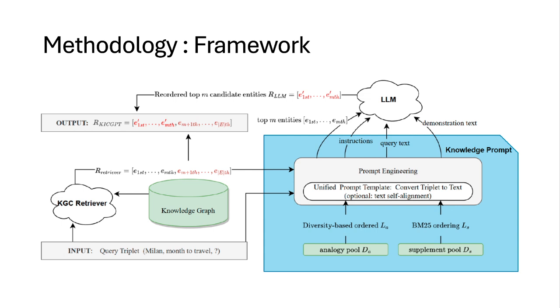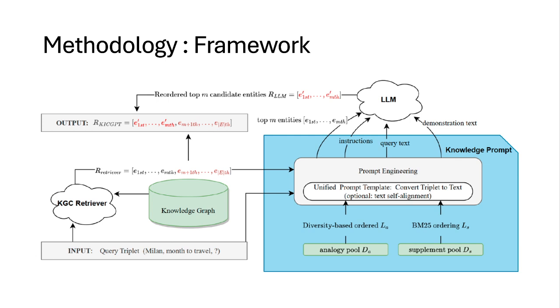There are two main tasks: the KGC retriever task and the re-ranker task. The KGC retriever takes as input a missing query triple. You can see in this query, Milan is the head entity, the relation is given, and the tail entity is missing. The KGC retriever takes this missing triple as input and gives a potential candidate list.